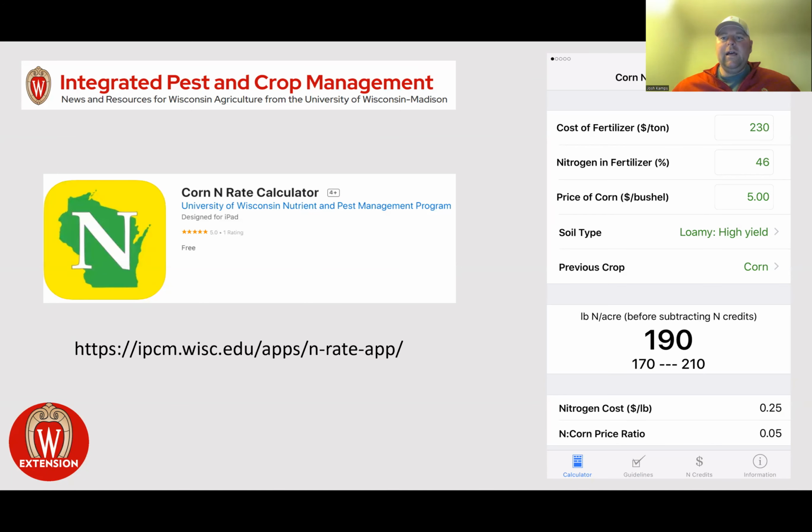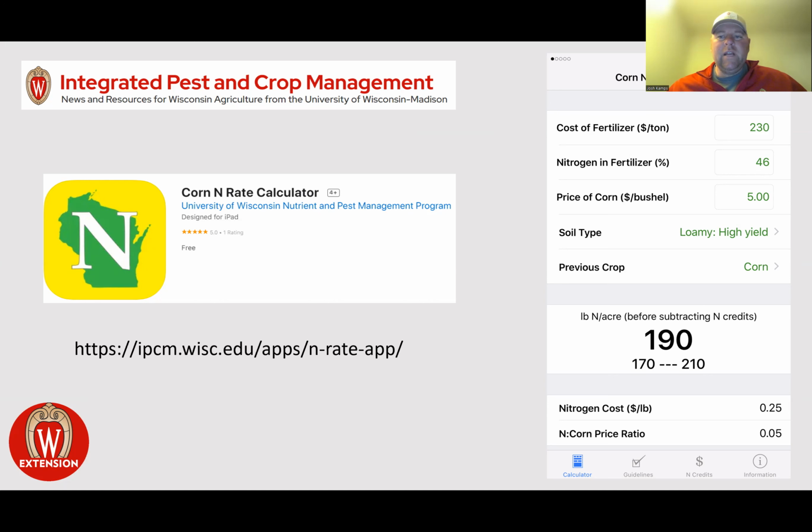Okay, and with that, we have a few tools. I just wanted to highlight those. One is our corn N rate calculator. Wisconsin is part of other Midwest states that use MRTN, maximum return to nitrogen, as the means for selecting a profitable and environmentally sustainable nitrogen rate for corn production.